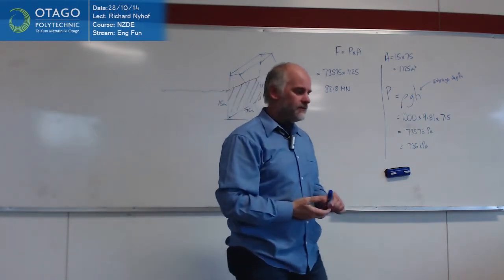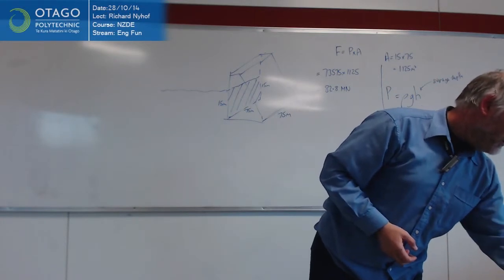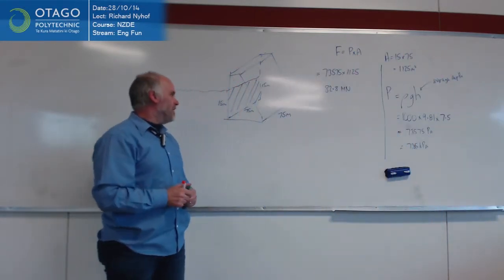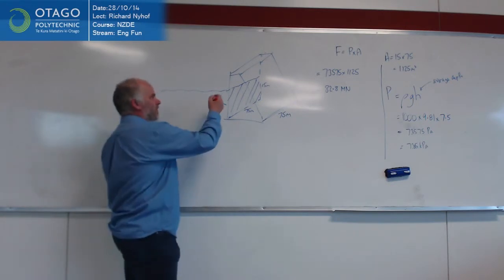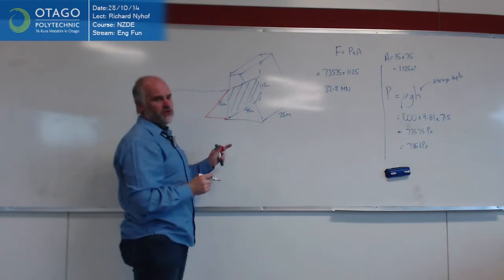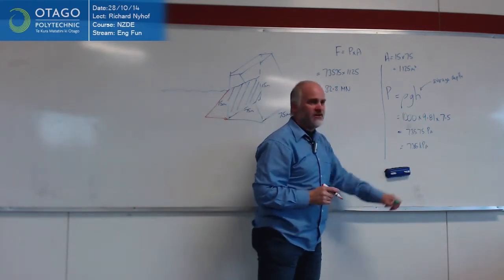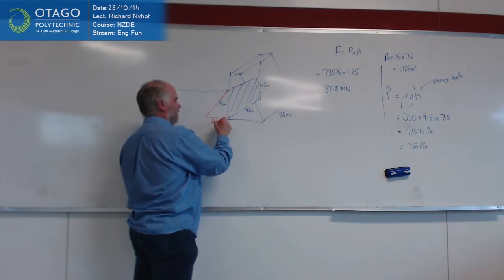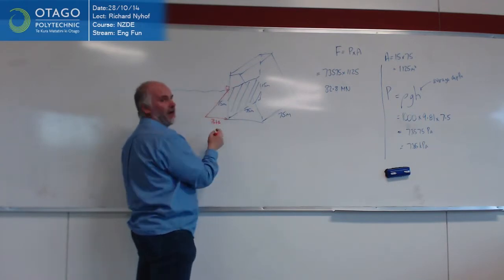And it's not something you're going to have to worry about in this course, but it is interesting to note that if we think about the pressure at the bottom, the pressure is this full 76 kilopascals, and at the top, the pressure is none.